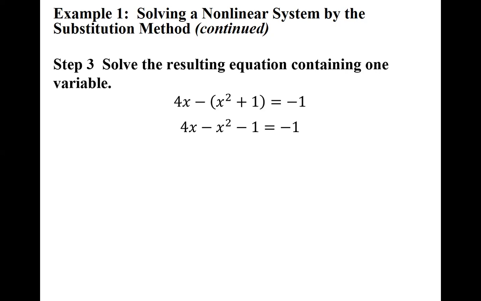So x squared minus 4x. And then if I add 1 to both sides, that gives me the 0. So 0 equals x squared minus 4x. I can factor that. I can factor out an x. Oh no, factoring came back.